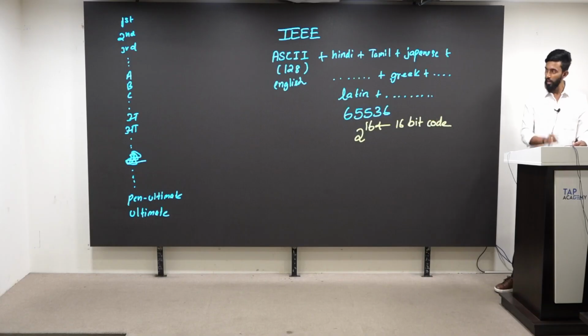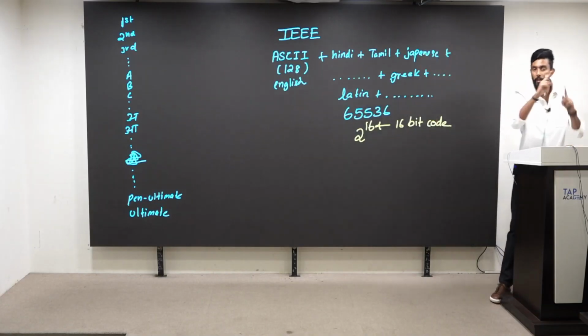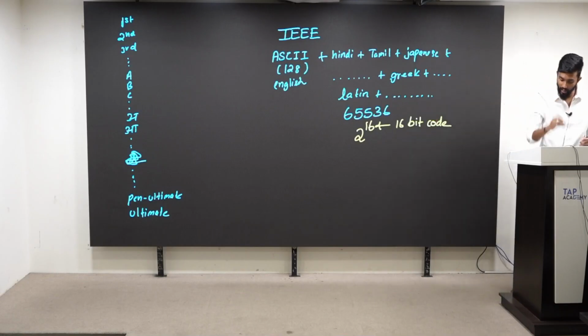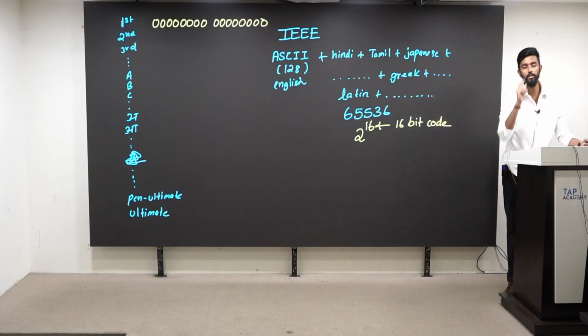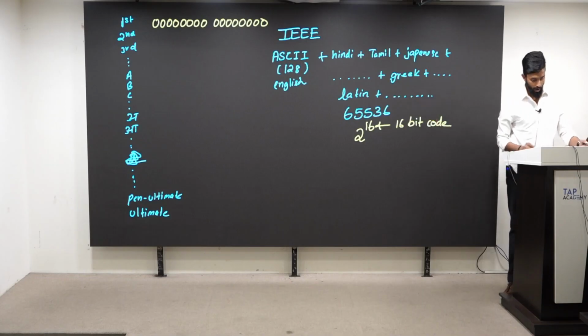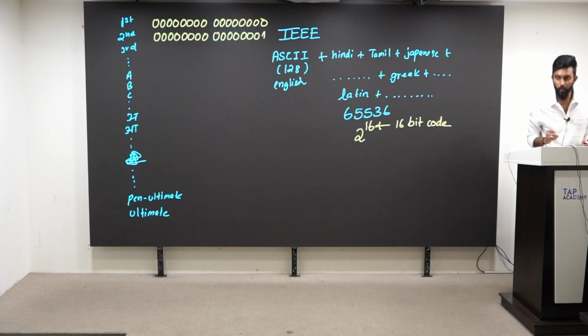Let the first symbol be anything, but can you tell me what will be the code? 16 zeros, which means 1, 2, 3, 4, 5, 6, 7, 8, again 1, 2, 3, 4, 5, 6, 7, 8. Like this, the next one will be all zeros, and the last one is going to be a 1. I think you understood how to give this code.